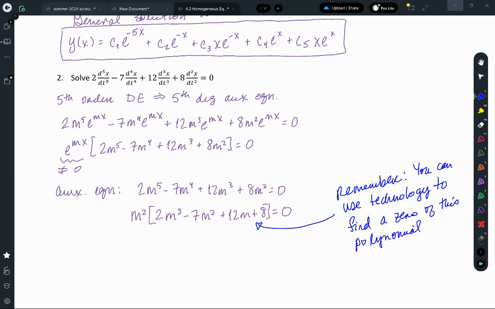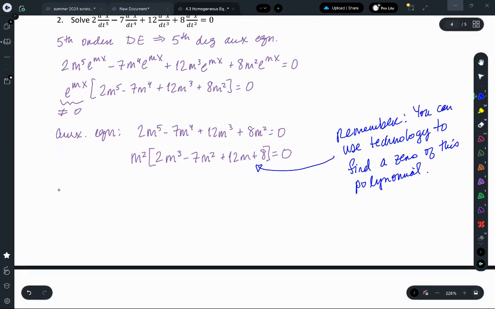If we were in college algebra, you'd have to use some horrible theorems in order to figure out what the possible roots are and then try dividing them out. And we don't need to do that. We don't need to do that at all. We're in differential equations. We can simply go to a graph and we can find a rational 0.